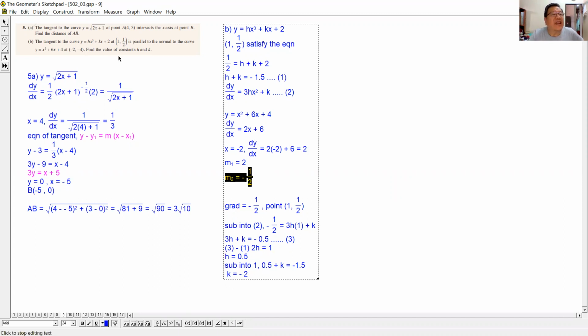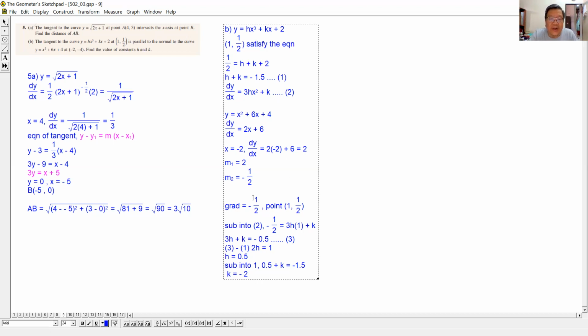This normal, they say, is parallel to the tangent above. So I can use this number and substitute into the first equation now, right? The gradient of normal is the same as the gradient of tangent. They are two different curves.